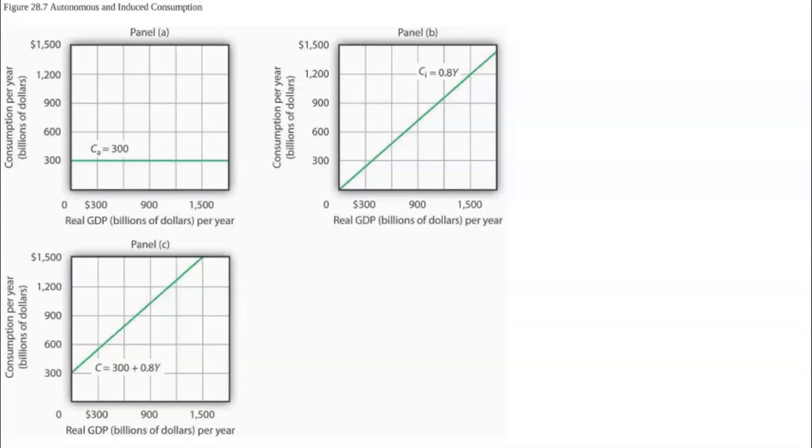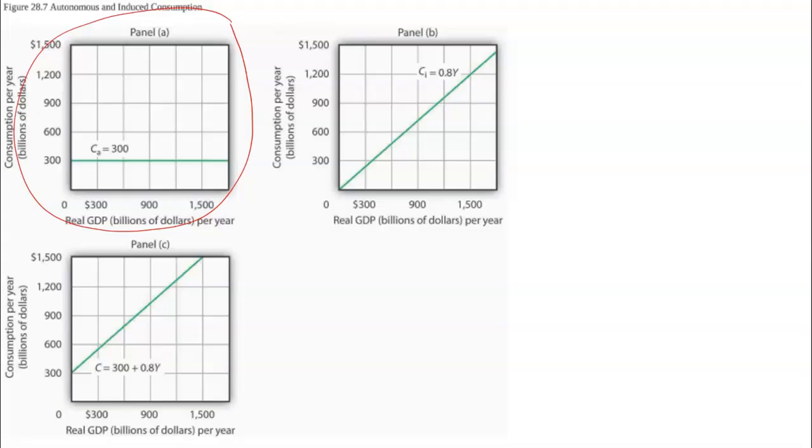Here it's broken down into 3 different graphs. So we have $300 in autonomous consumption, which means that amount is going to be spent no matter what. Then we have this upward sloping curve where consumption is equal to 80% of income, or 0.8y.